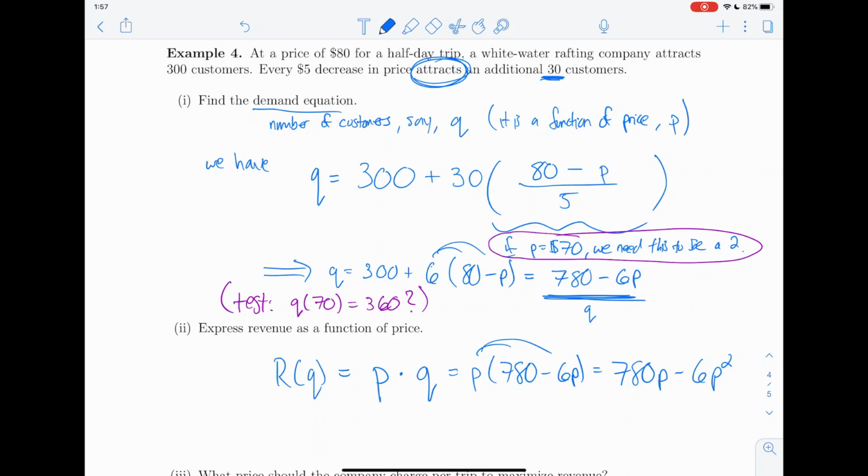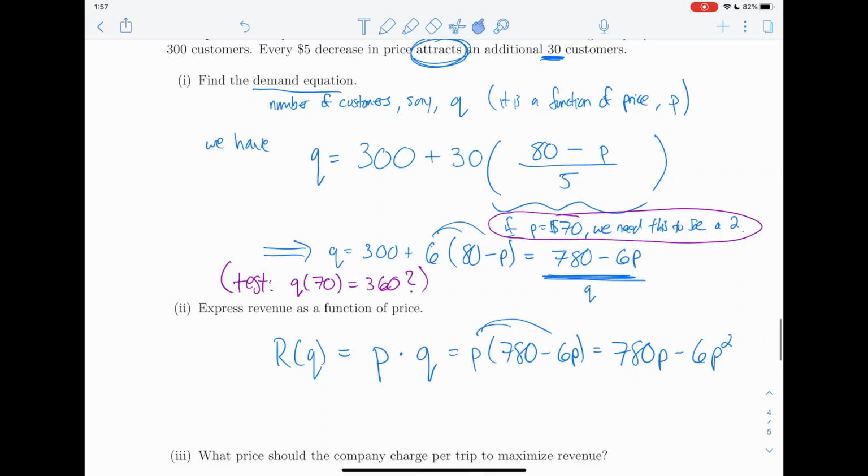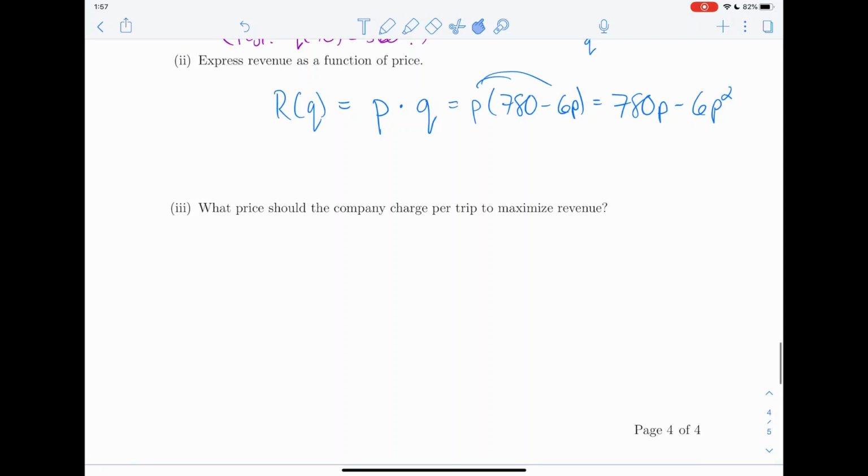Now that I have revenue, I can now maximize it. So how do we do that? We do it in exactly the same way we've been doing it this entire time. So what are we going to do? We're going to find critical points for revenue. How do we do that?